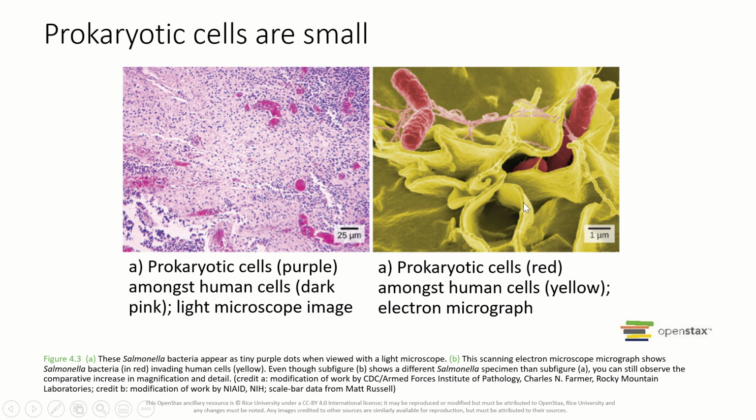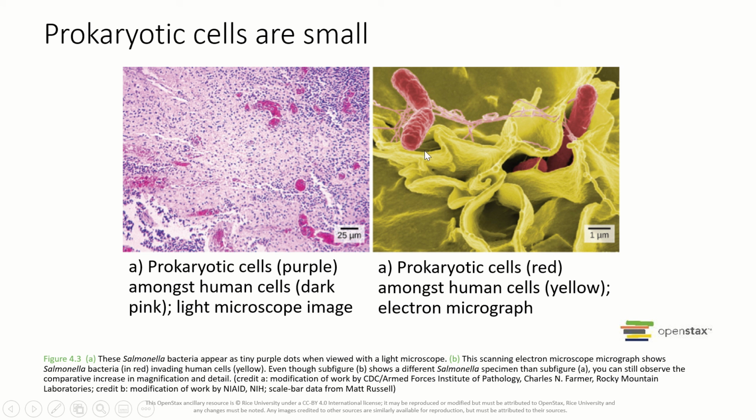This image here was taken with an electron microscope. An electron micrograph is an image we make with an electron microscope. An electron microscope is many, many times more powerful than a regular microscope. We'll talk about this more in lab. And so that we can see much smaller structures. So this is a bacterium. It's a different bacterium.